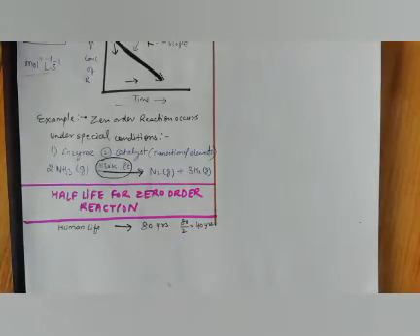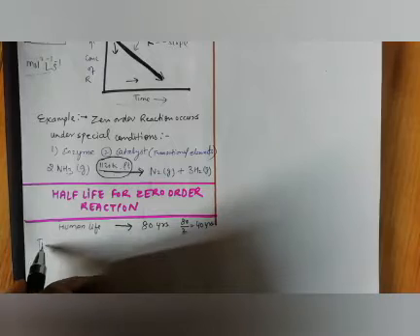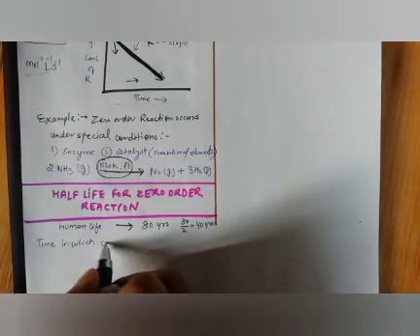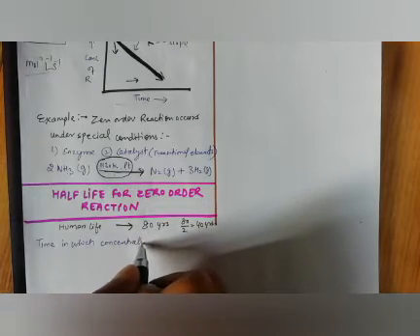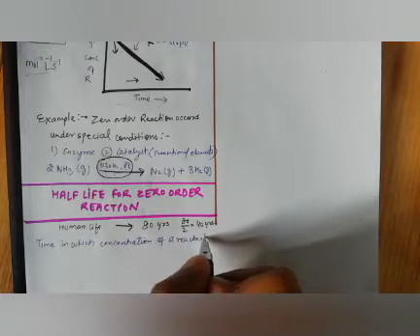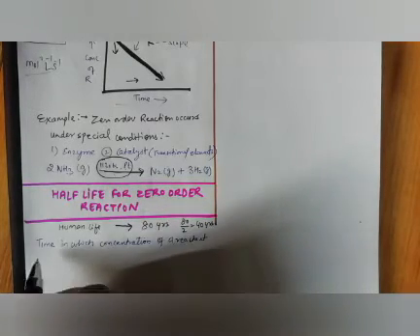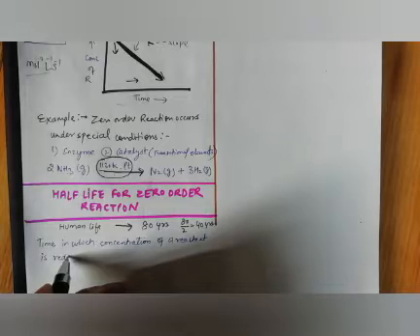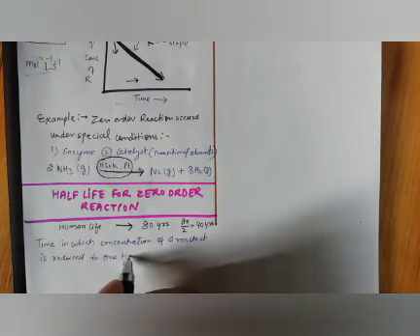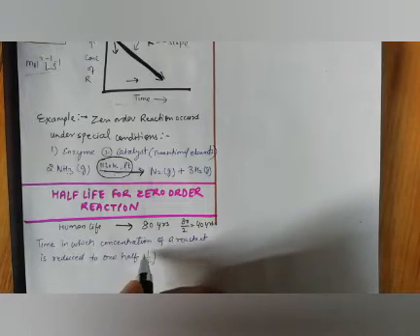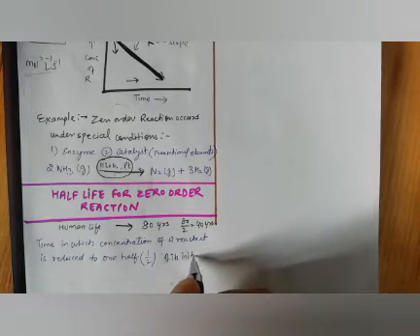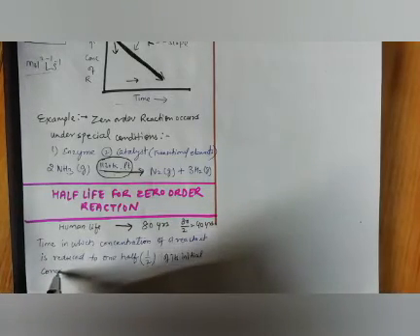So let me write the definition first. It is the time in which the concentration of a reactant is reduced to 1/2, half of its initial concentration.